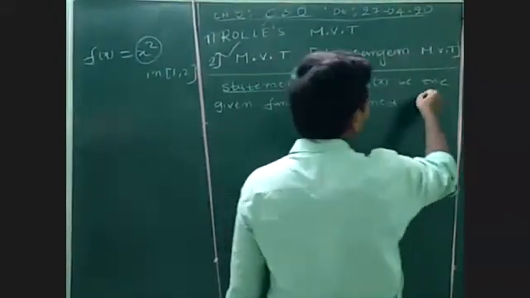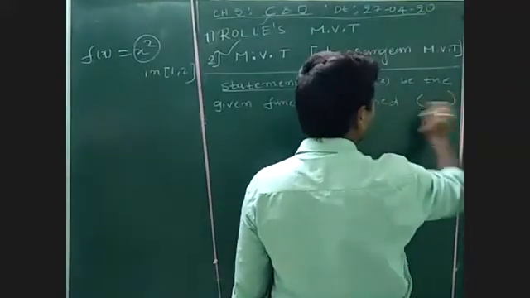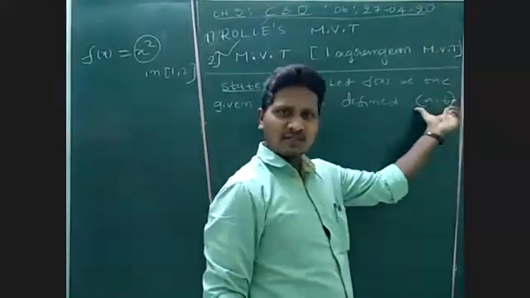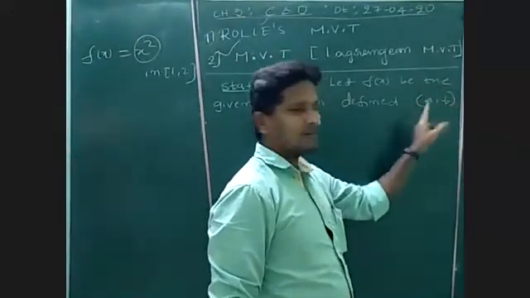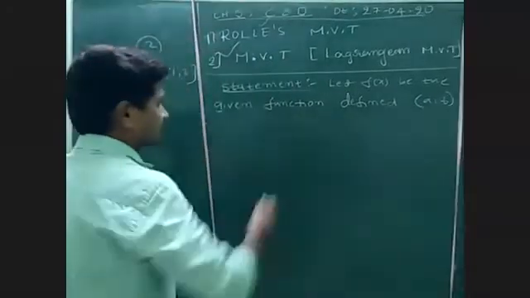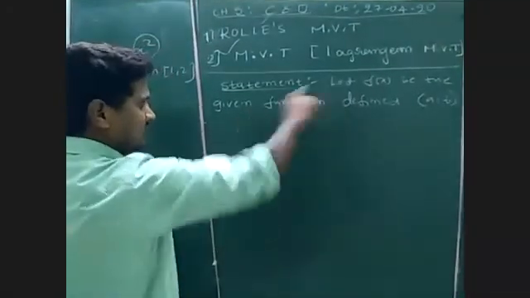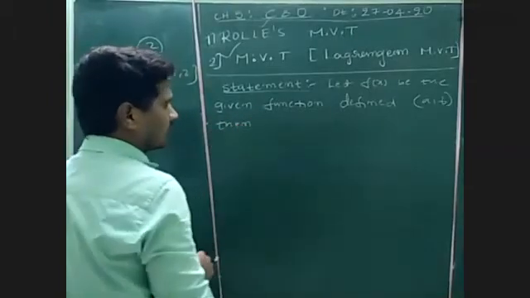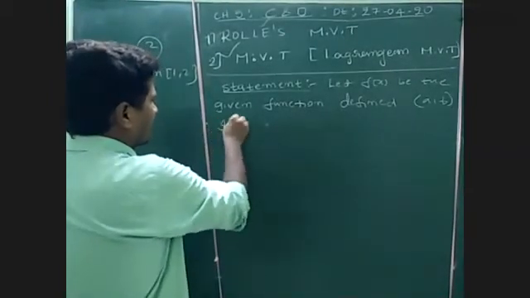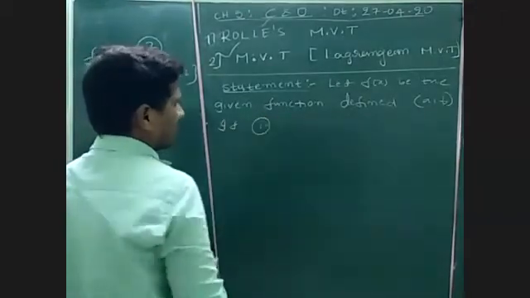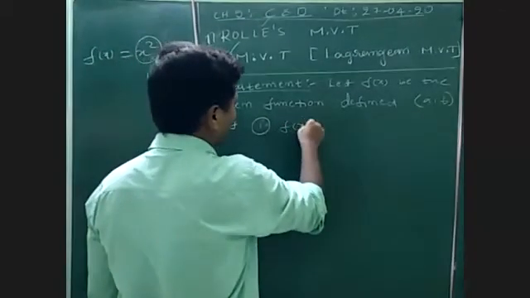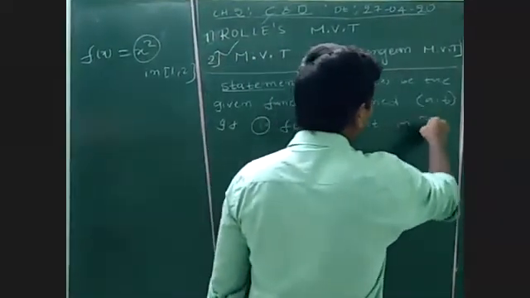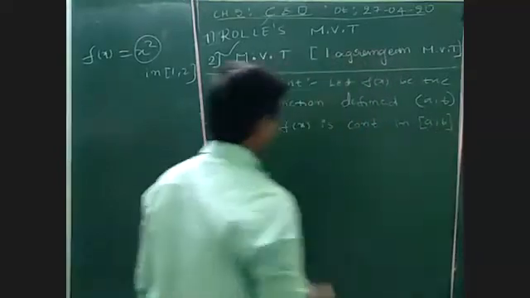They may give an open interval or a closed interval, so nothing to worry about here; sometimes it is open, sometimes closed. Then, first point, f of x is continuous in the closed interval a comma b.